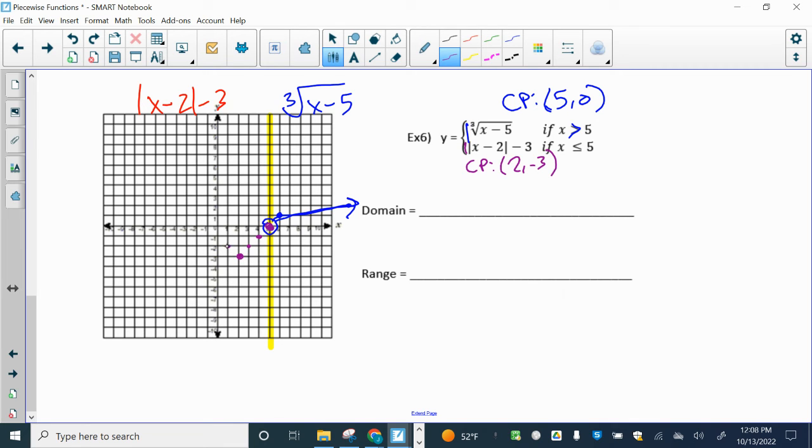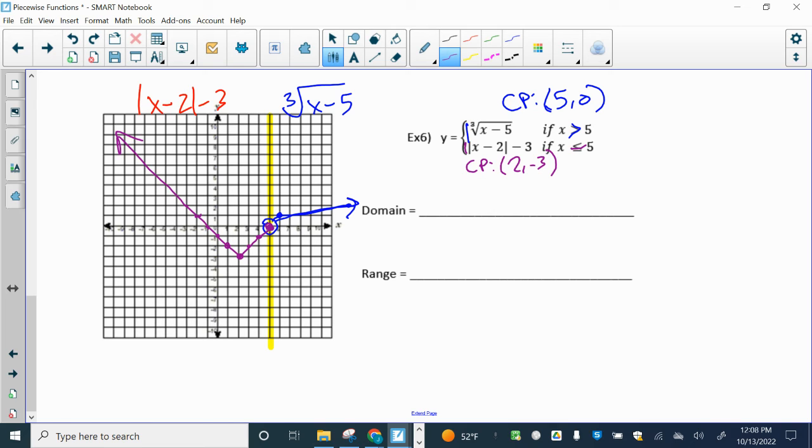So go left 1 unit, up 1 unit, right, up 1, left 1, up 1, left 1, and we can draw in our absolute value. Since this is the stopping point, we don't need to go further than that. And since it's an or equal to, line underneath, closed dot there. Okay, so that's the graph of our piecewise function.